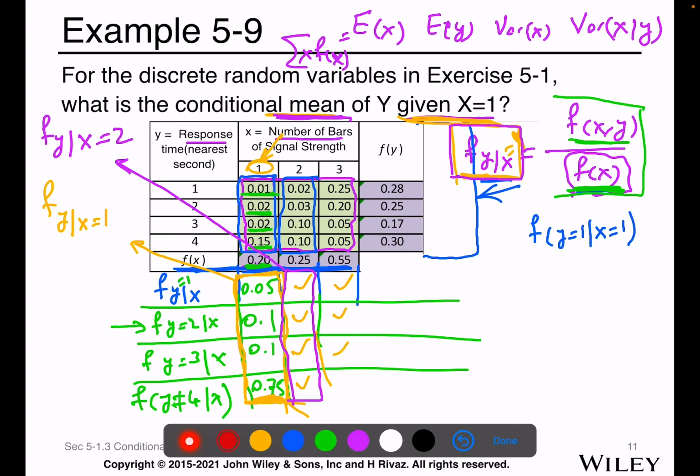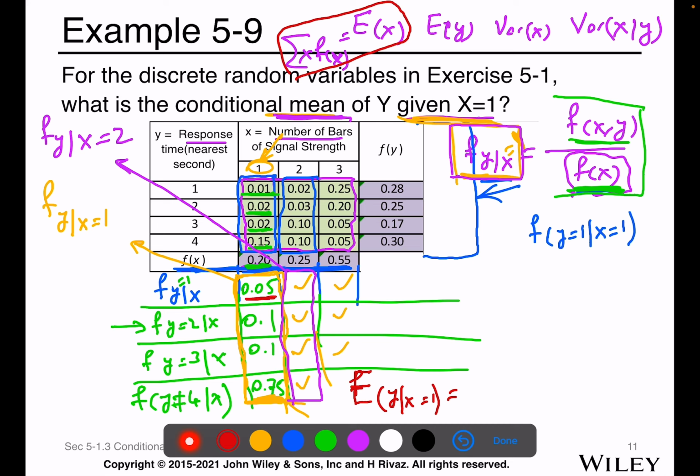So the mean, what should I write? The expected value of y given x is 1 is going to be, using this equation, this number times y equal to 1.